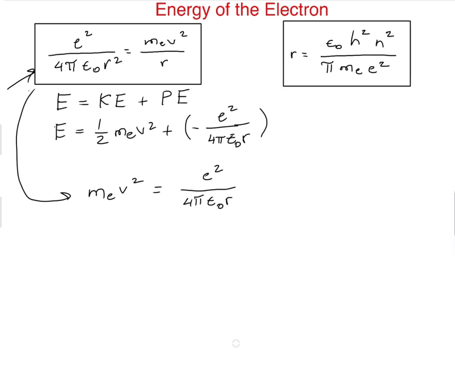Here the left hand side is proportional to the kinetic energy, and the right hand side looks like the potential energy without the sign.